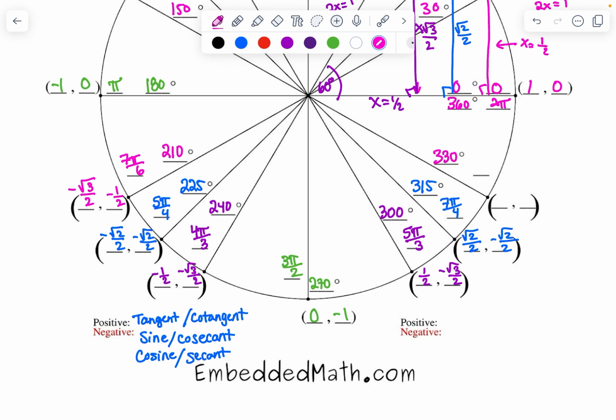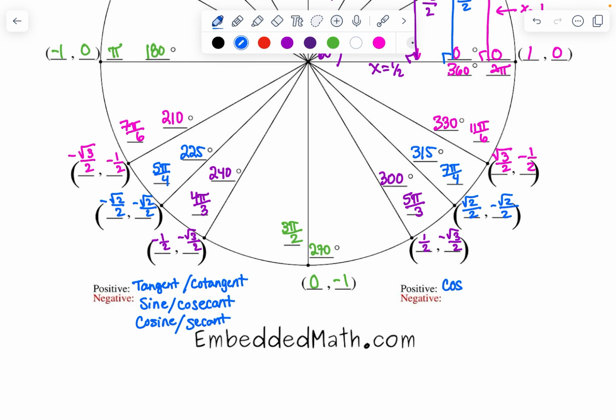Again, the reference angle there is 30 degrees. So this is 11 pi over 6. And again, the x value would be positive, the y value would be negative. Because down here in quadrant 4, cosine and secant are positive, sine, cosecant, tangent, and cotangent are all negative.